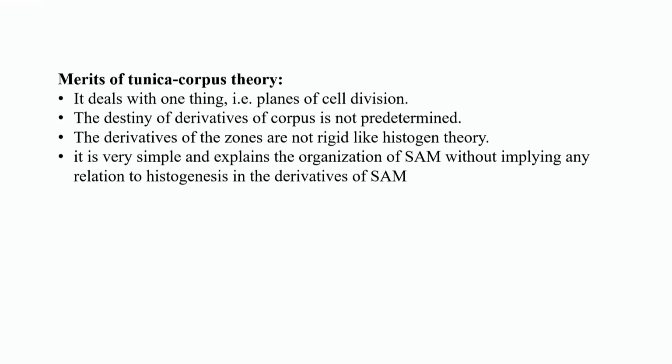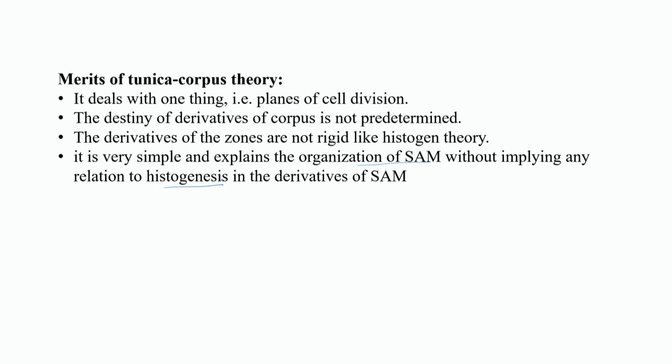They are only separated on the basis of their plane of division, and many times the different layers can function to give rise to different cell types. It is based on a very simple explanation, and in a simple way it explains the organization of shoot apical meristem without any relation to histogenesis.